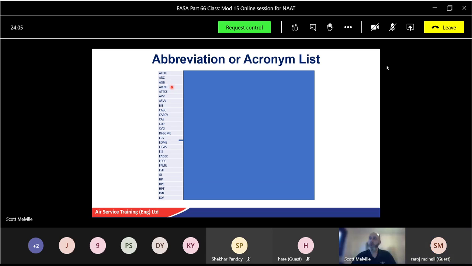We're looking at FADEC systems. We've got this ARINC. Basically, it does the communications with the FADEC. Anybody think what that could be?